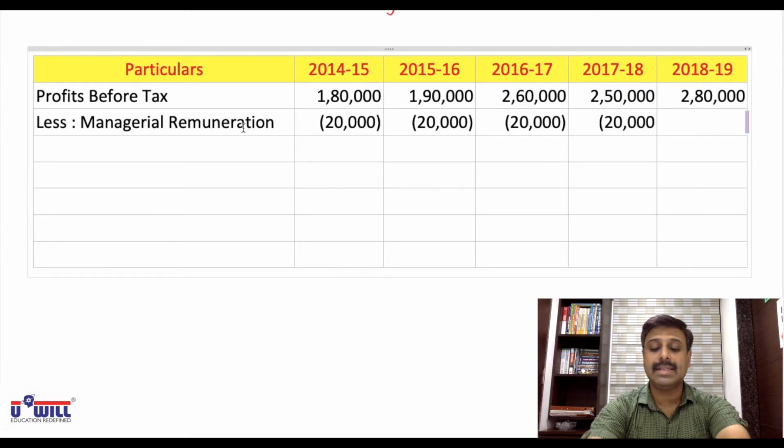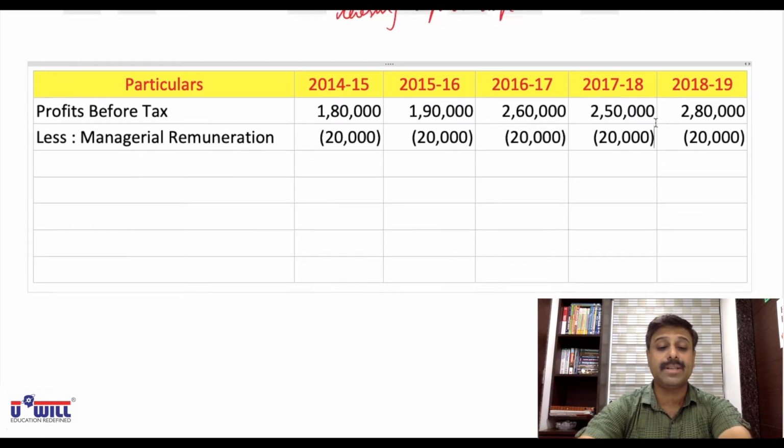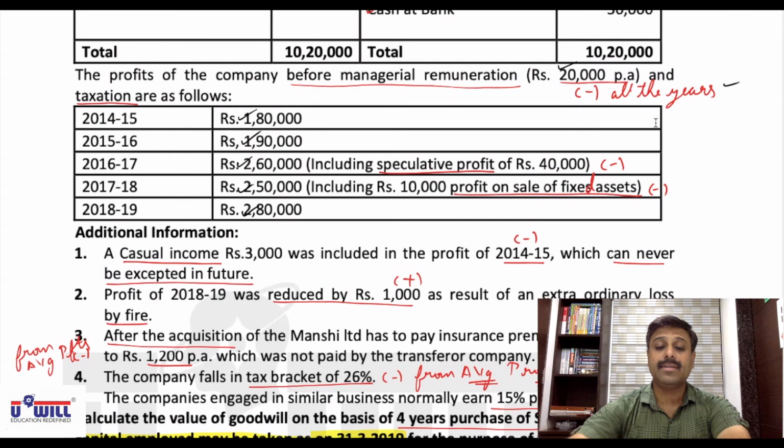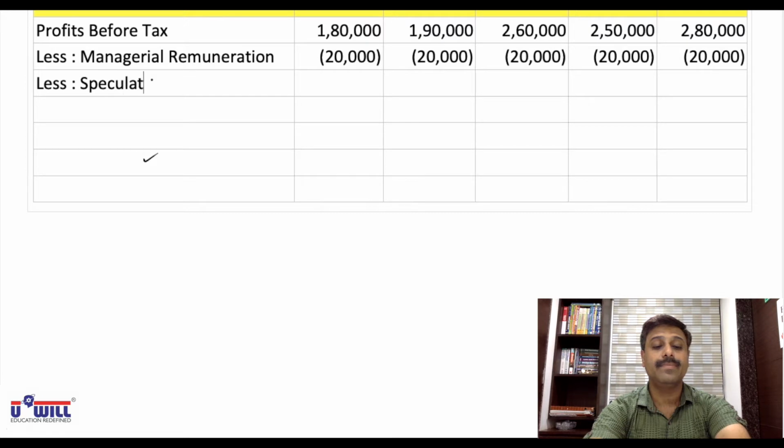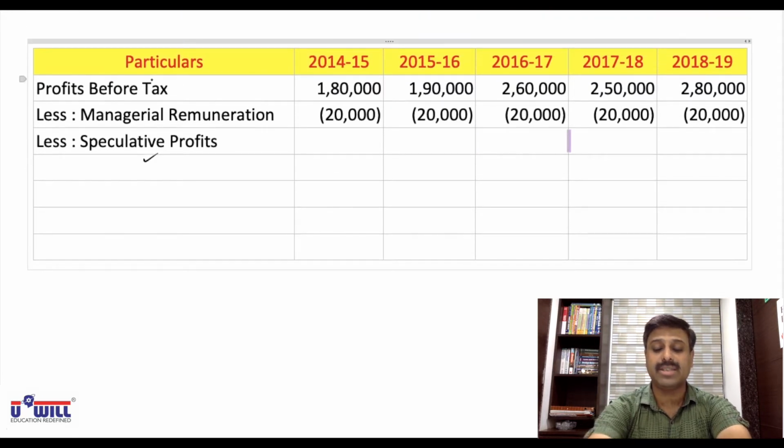I hope everyone has done that. Now the next adjustment, the speculative profit of 40,000, we have to minus from 16 to 17's profits.